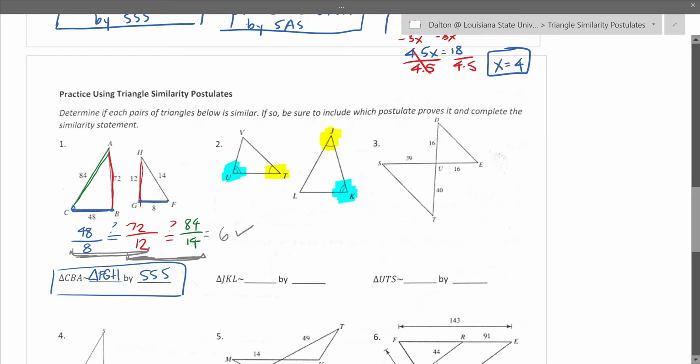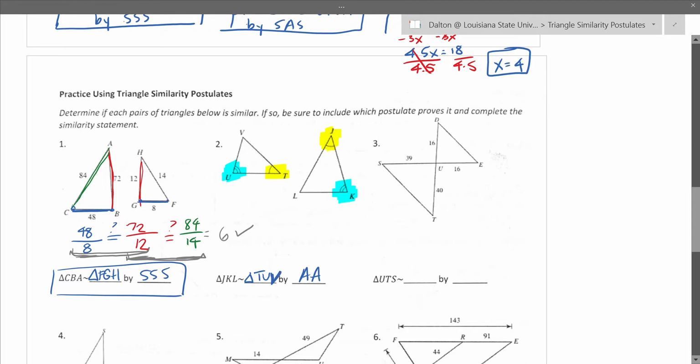We're going to use AA to show that triangle JKL is similar to triangle. J has 1 arc mark, so it corresponds to T. K has 2 arc marks, so it corresponds to U. And then lastly, we're going to have V.